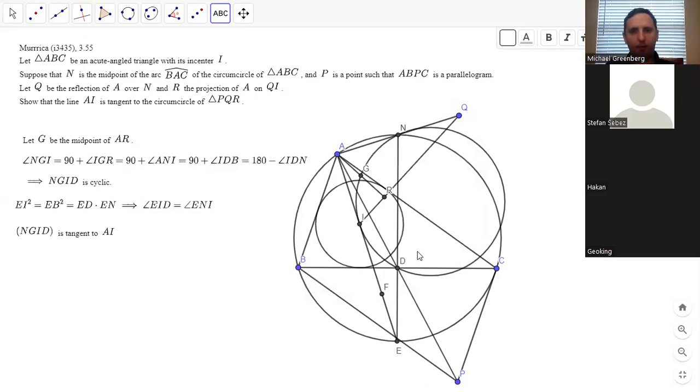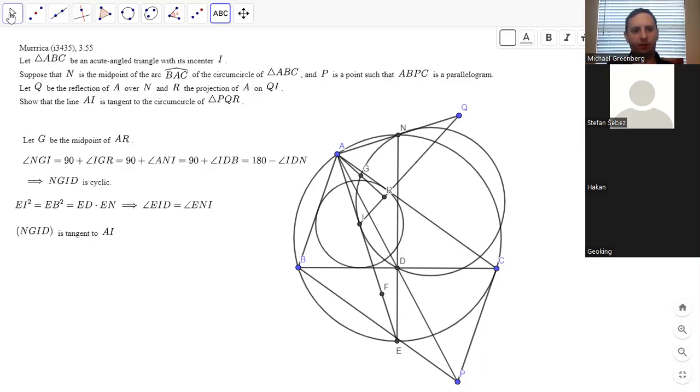And then by a homothety at A with ratio 2, we don't even really need point F actually. We could just say by a homothety at A with ratio 2, QR, oh, but we have to show this perpendicularity.